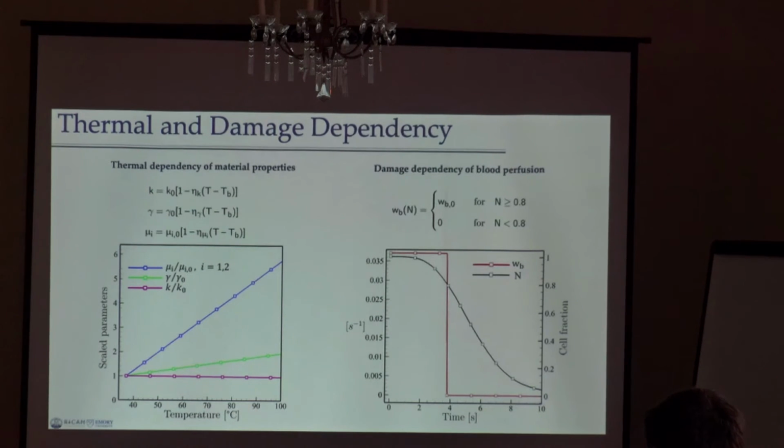But again, from the blood perfusion point of view, there is a sudden drop of perfusion once the number of cells is below a certain threshold of alive cells. So this W coefficient is going to drop dramatically if the number of cells is going to reduce.